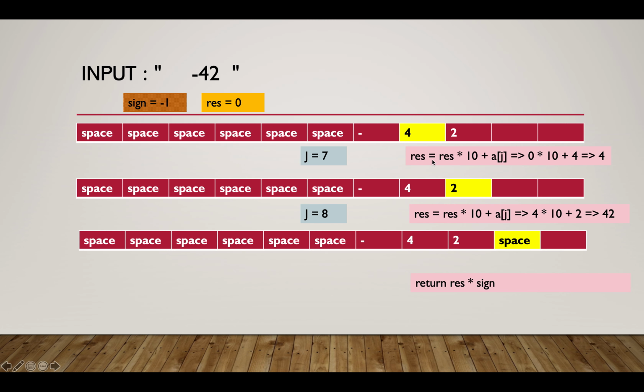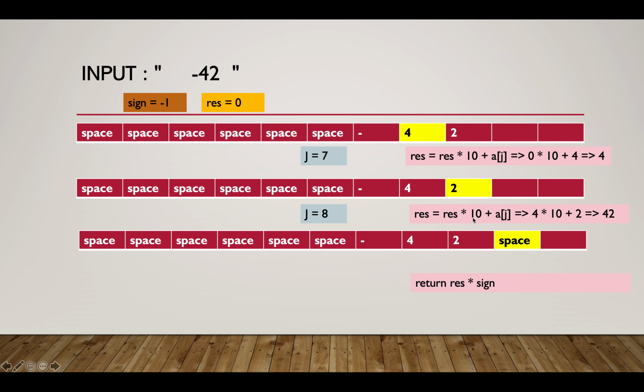What we'll do is, the formula is result into 10 plus a of j. j is now pointing to 4, so 0 into 10 plus 4 results in 4. Now your result has the value 4. Again we'll increment j by 1, and now it is pointing to 2.